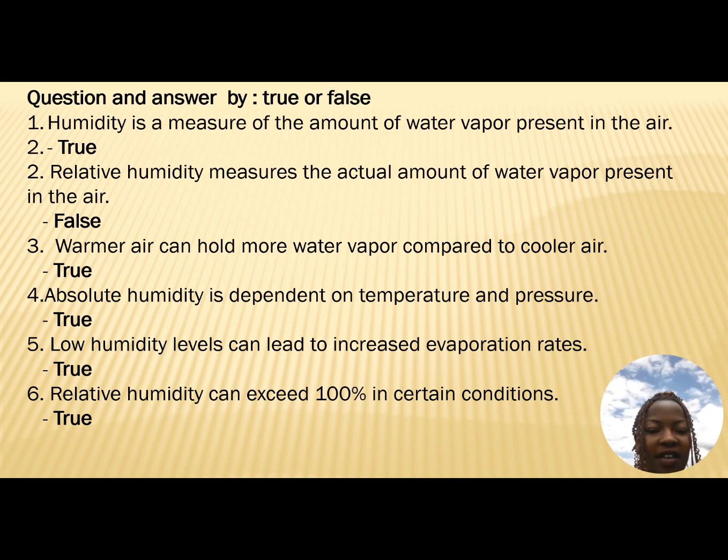The answer is false. Third, warmer air can hold more water vapor compared to cooler air. The answer is true. Fourth, absolute humidity is dependent on temperature and pressure. The answer is true.